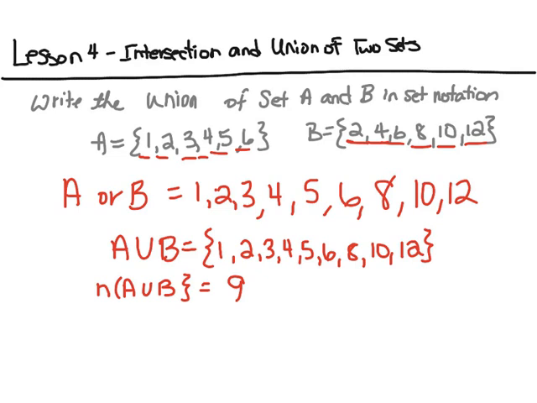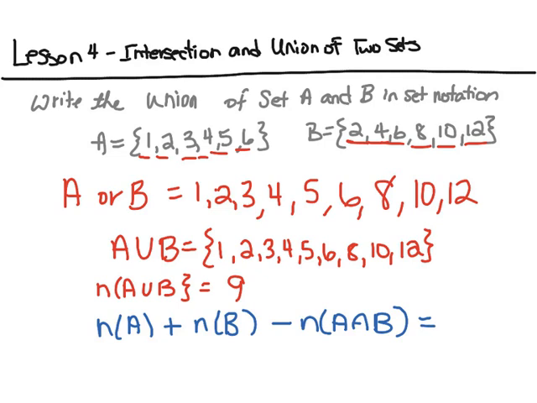And a way that you can figure this out is if you take the number of A and you add the number of B and you subtract the number of A and B, you'll get your union. Because you don't want to double count A and B. So we know A has 1, 2, 3, 4, 5, 6. We know B has 1, 2, 3, 4, 5, 6.